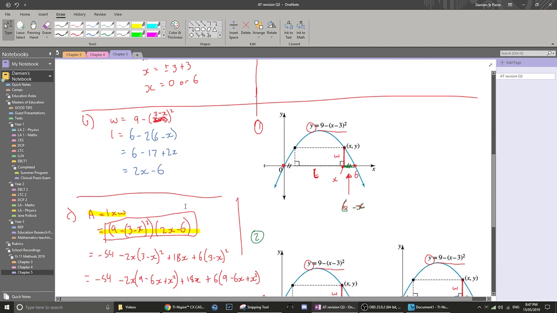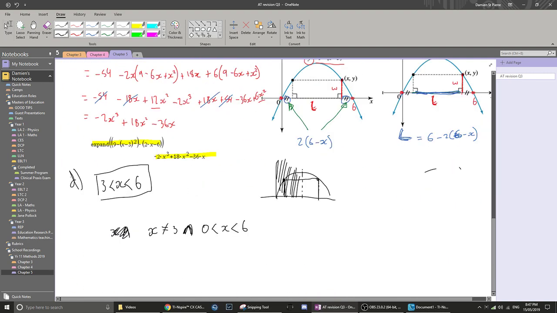So we would use our equation. If you're doing it with pen and paper, you'd go 16 equals negative 2x cubed plus 18x squared minus 36x. So 0 is equal to negative 2x cubed plus 18x squared minus 36x minus 16. Okay, a cubic with a constant of 16 and it has a coefficient in front of the x cubed term.